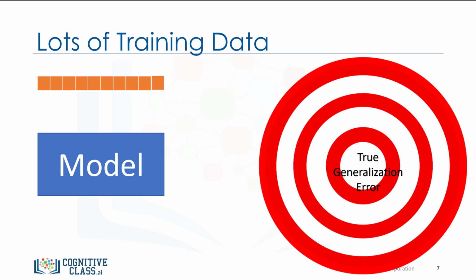Let's clarify this with an example. The center of this bullseye represents the correct generalization error. Let's say we take a random sample of the data using 90% of the data for training and 10% for testing. The first time we experiment, we get a good estimate of the training data. If we experiment again, training the model with a different combination of samples, we also get a good result.